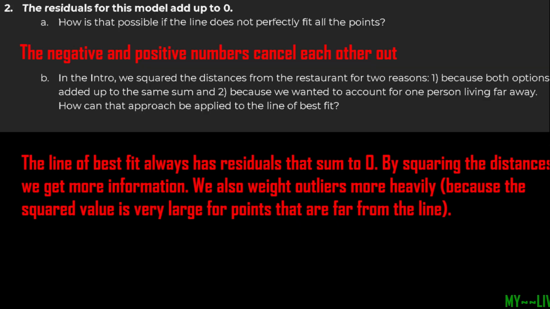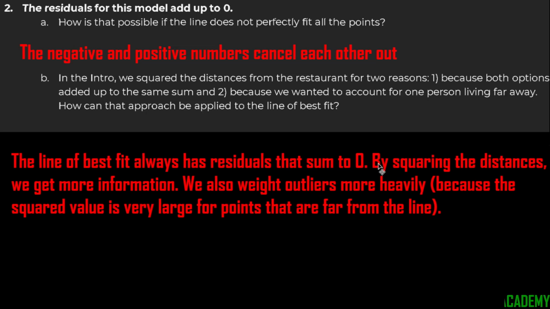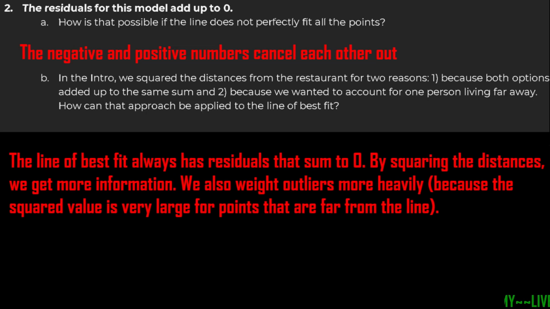We're going to say the line of best fit always has residuals that sum to 0, meaning they add up to 0. By squaring these distances, we get more information. We also weight the outliers more heavily, because the squared value is very large for the points that are far from the line.